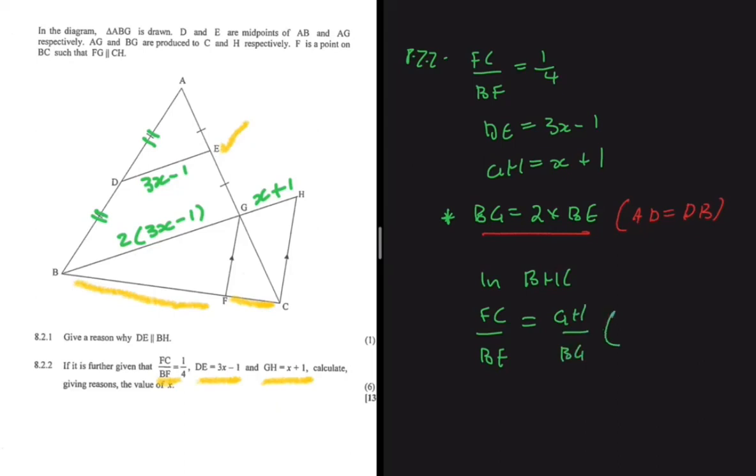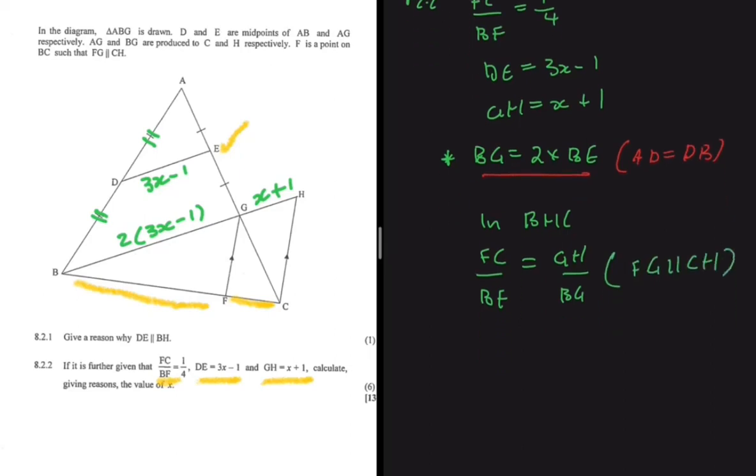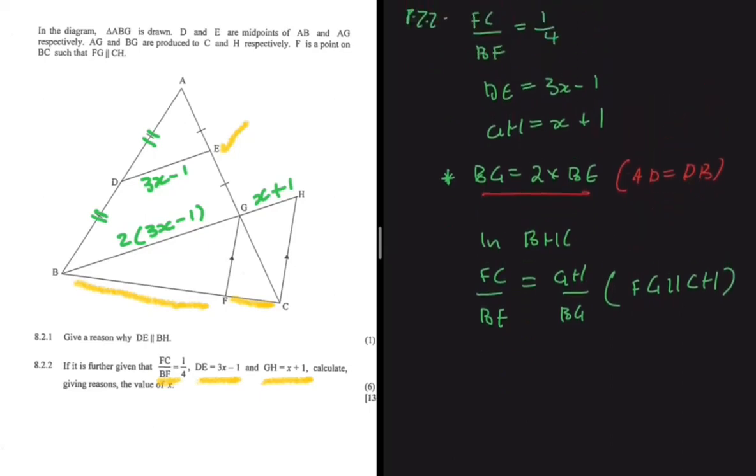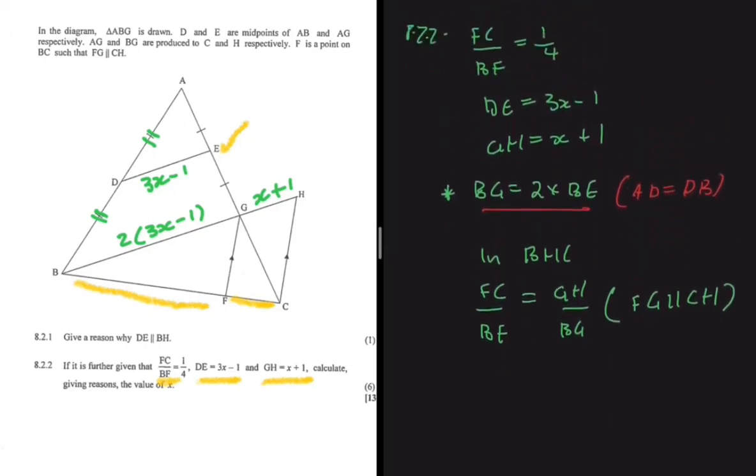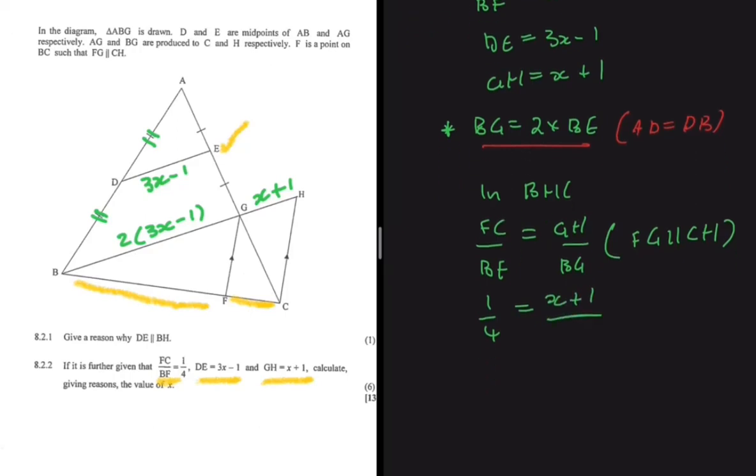We're saying that because FG is parallel to CH, right? We can only say that if we have two parallel lines. So FC divided by BF is given to us. We have 1 divided by 4. But what is GH? GH is x plus 1, right? And then BG is 2 multiplied by 3x minus 1, which will just become 6x minus 2.